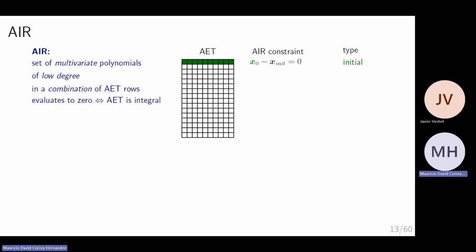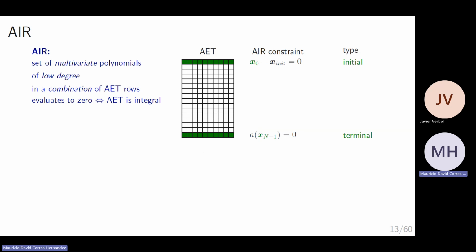So if we are looking at the first row in this trace, then our variables are x0. Likewise, if we are looking at the last row, then our variables are x_{n-1}. We have n rows, and this x is bold, so it's a vector of variables.